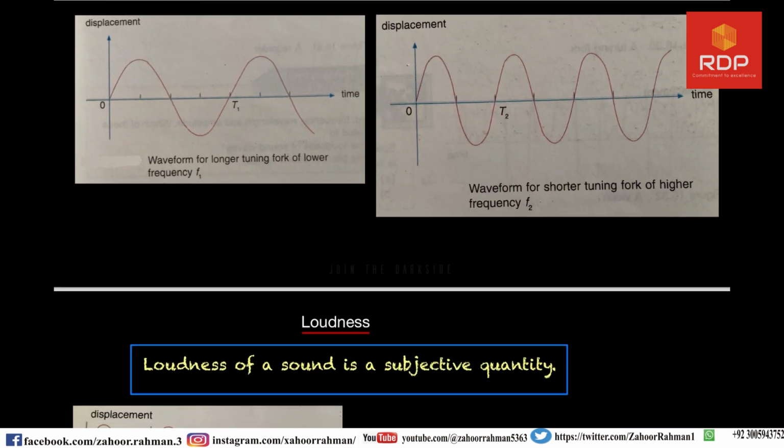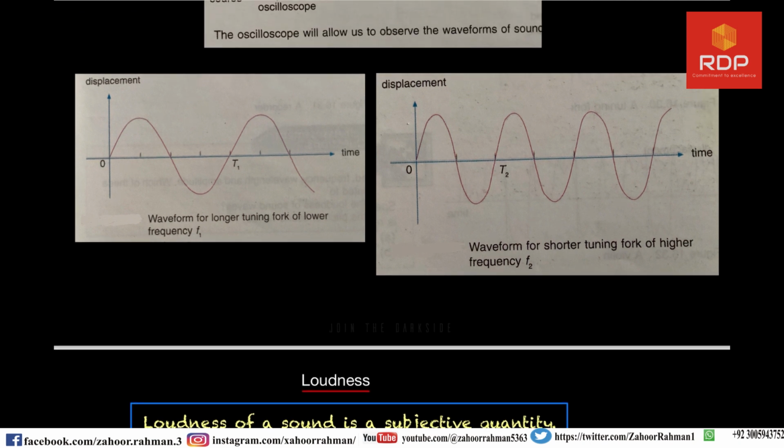This is the waveform for the longer tuning fork of lower frequency F1. On the other side, this is the waveform of the shorter tuning fork of higher frequency F2.